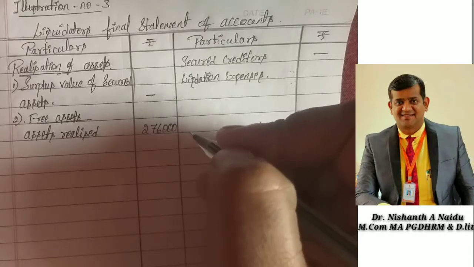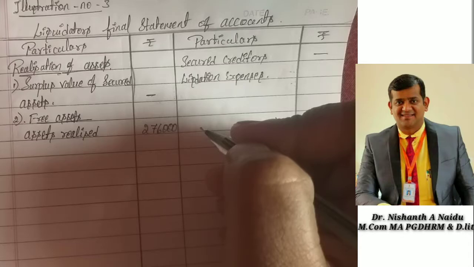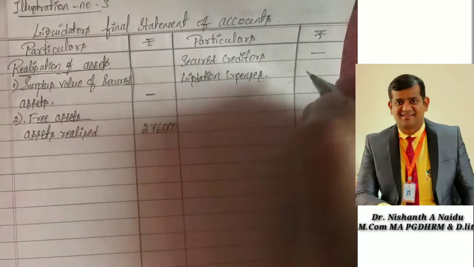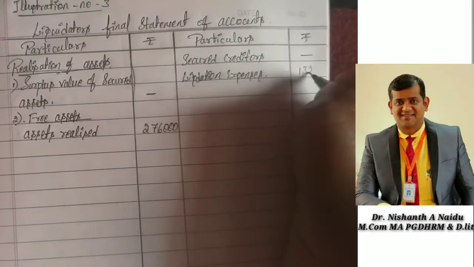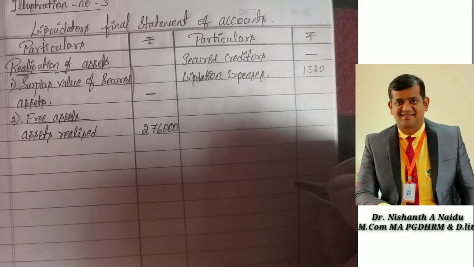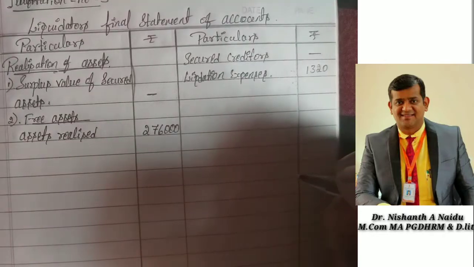Is there any expenditure which is related to liquidation? The assets realized rupees 2,76,000. Liquidation expenses amounted to rupees 1,320. Yes, there are liquidation expenses of 1,320 rupees. So I have written that. After that they say unsecured creditors were rupees 35,000 including rupees 5,000 preferential creditors.